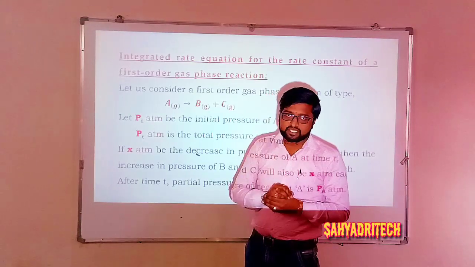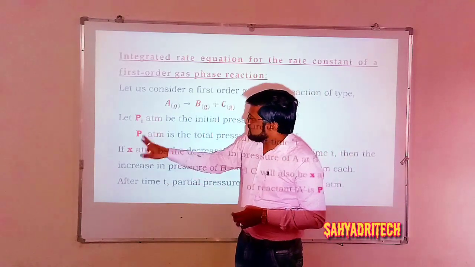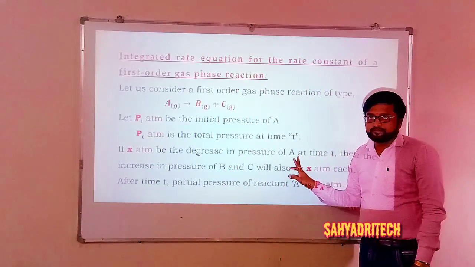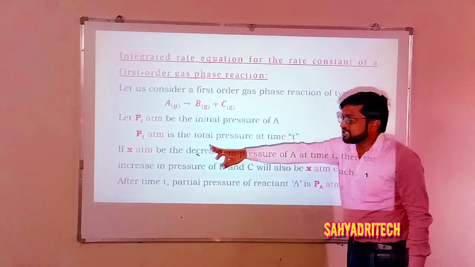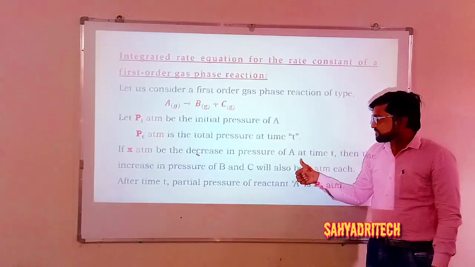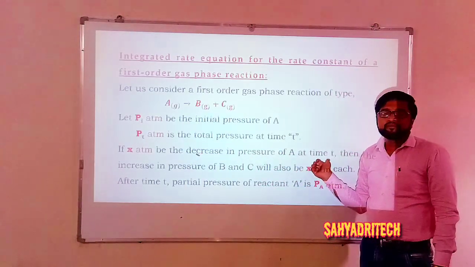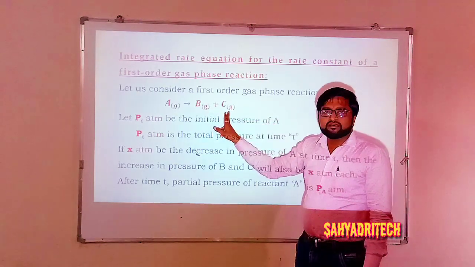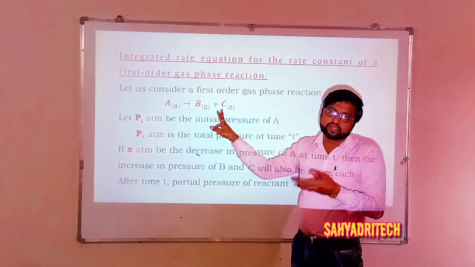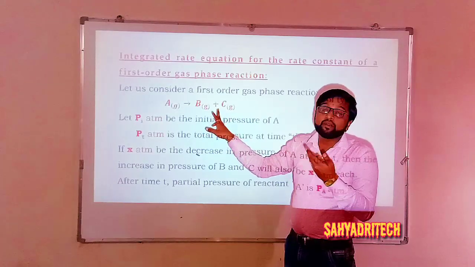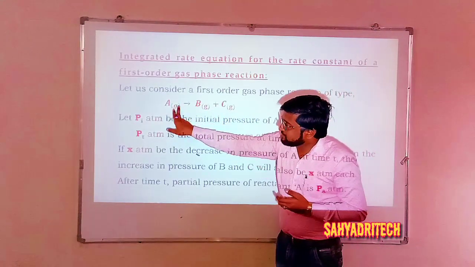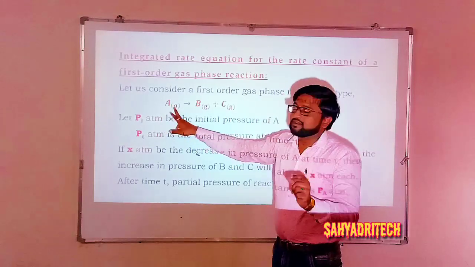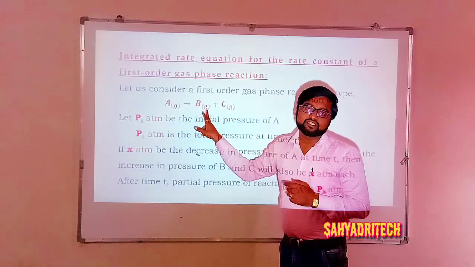So in terms of their partial pressure, say if x atmosphere is the decrease in the pressure of A at a time t, what happens to B and C? Their quantity increases, so pressure also increases. By what factor? The factor by which the pressure of A decreases, with the same factor the pressure of the product molecules increases.